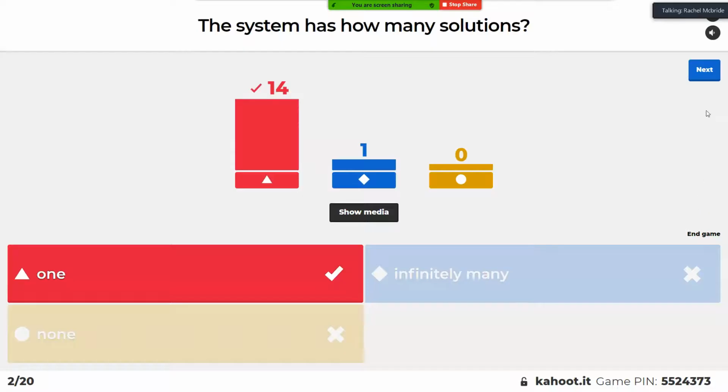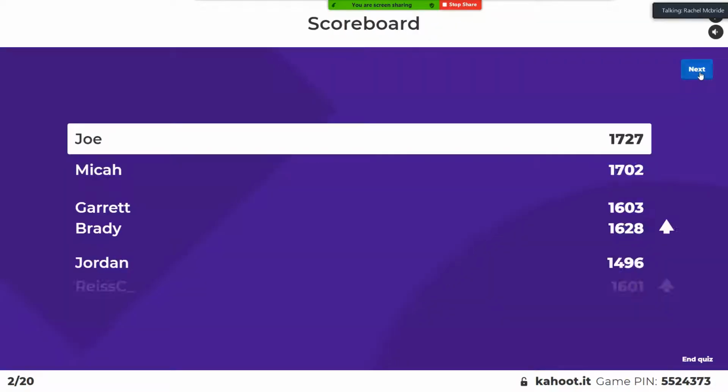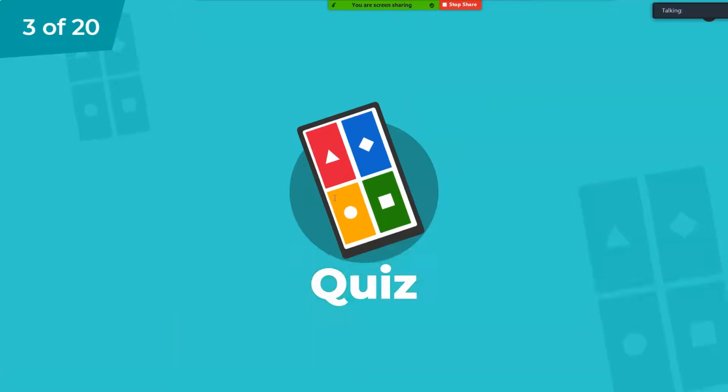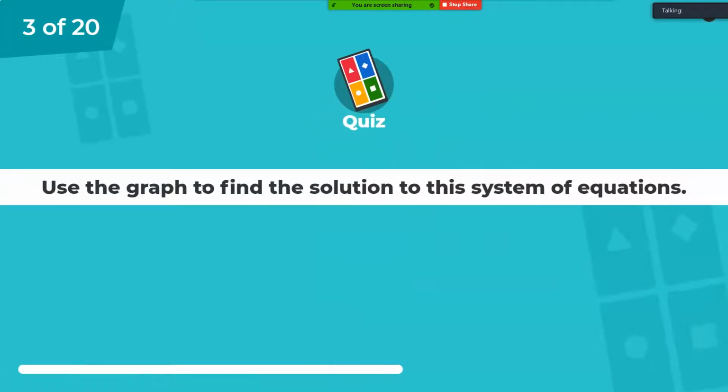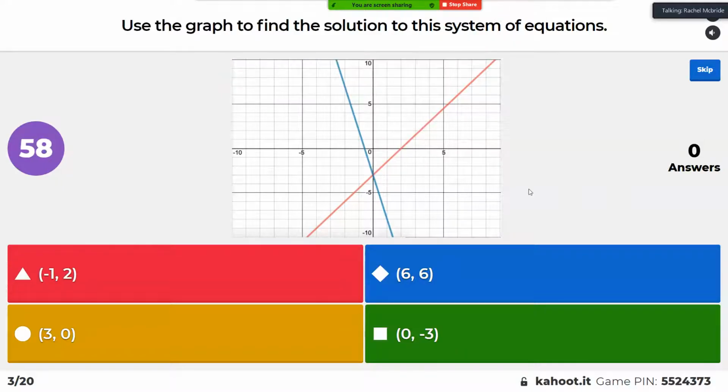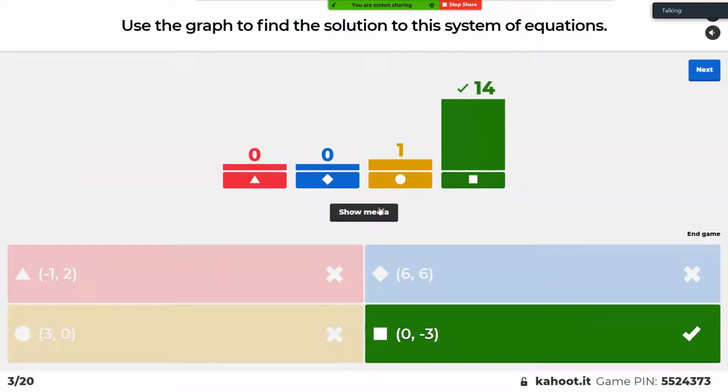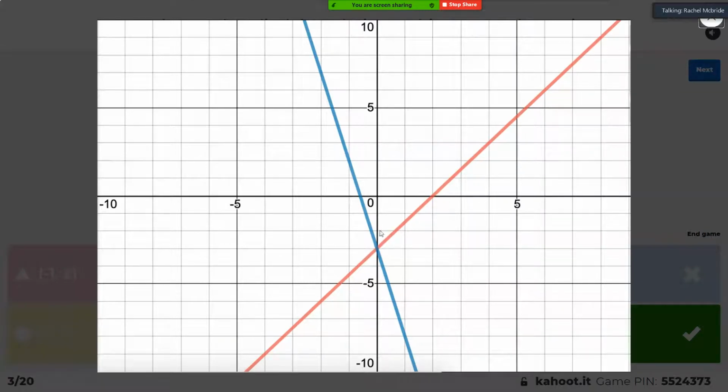One solution. Use the graph to find the solution to this system of equations. Use the graph. What is that solution point? Alright, very good. They intersect at x equals 0, y equals negative 3.